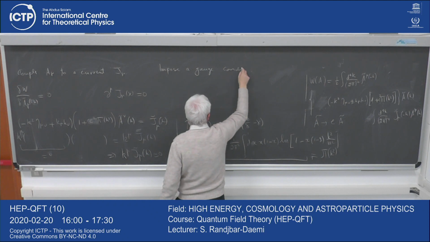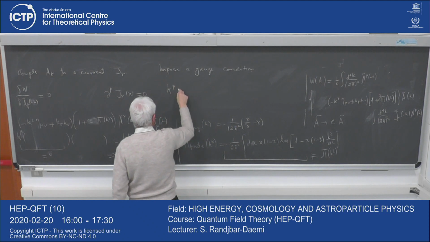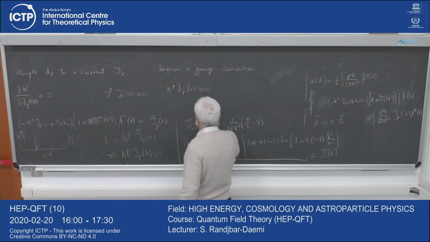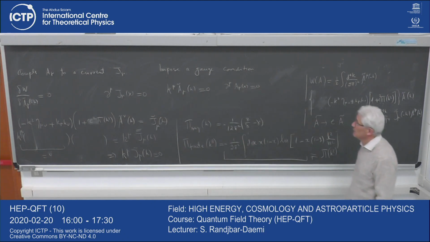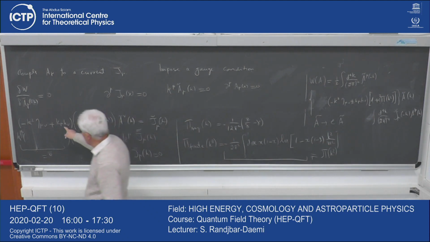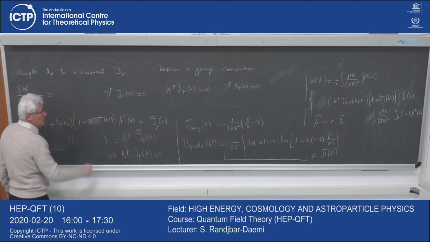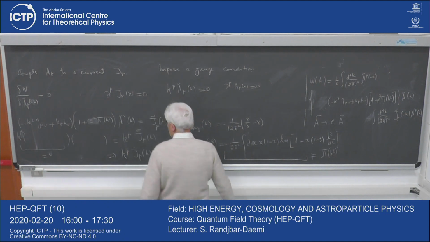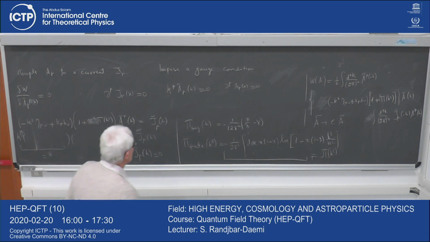You can always choose your gauge such that A satisfies some subsidiary condition, and we will choose it to be this. This is the analog of d mu A mu. This is the Fourier space version of that condition. And this term will give you 0, and the leftover term, k mu k nu times A nu, will give you 0, and then the rest can easily be inverted.